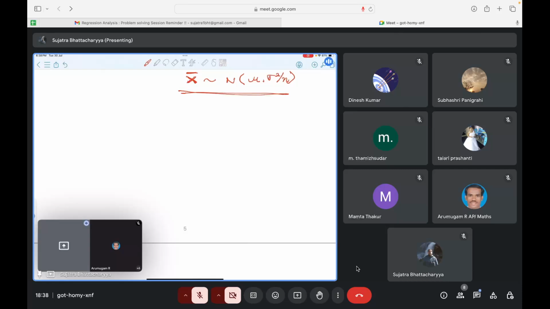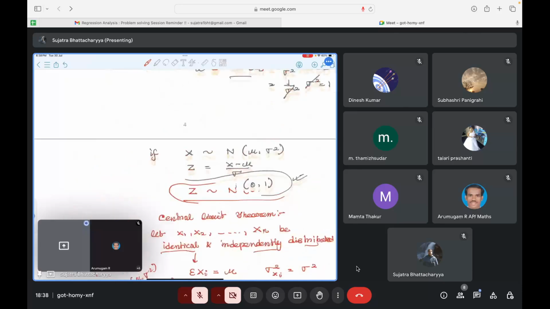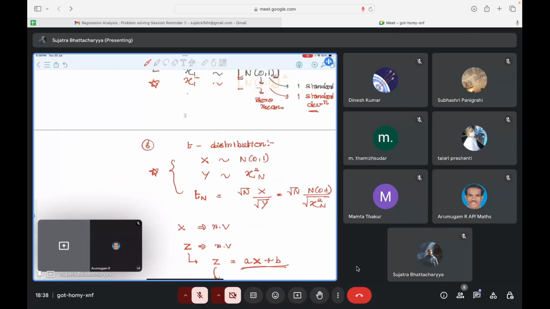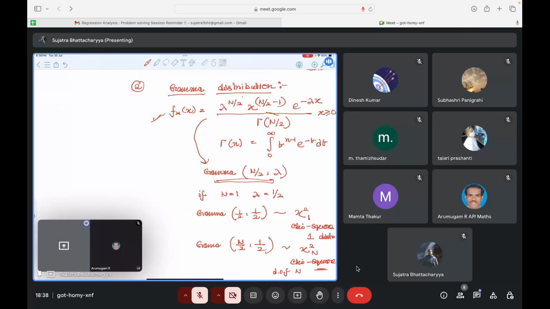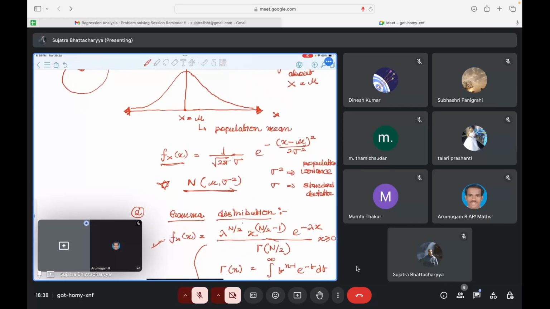Fine. Let me quickly touch upon estimators as the last preliminary thing. Then we will jump towards simple linear regression. This is estimators. So why is it required? As I have told you, all those distributions which I have written so far require population parameters like population mean and population variance.